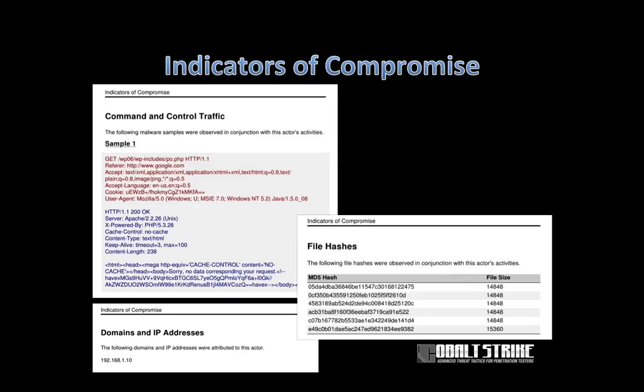Here, I have a profile loaded to look like the Havex Trojan, and we get a very realistic looking traffic sample. The Indicators of Compromise report also gives you all the file hashes that you uploaded to different targets during the engagement. And it provides domains and IP addresses used amongst your team servers for command and control.